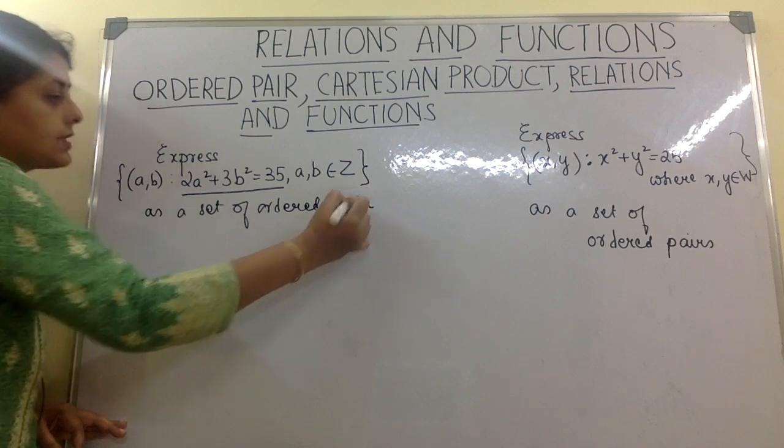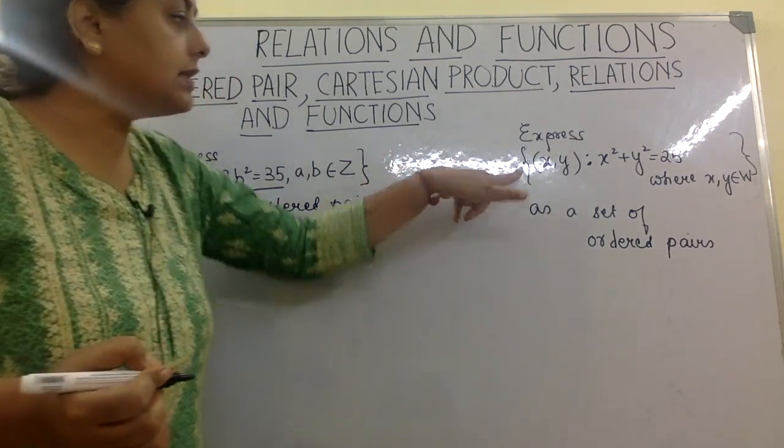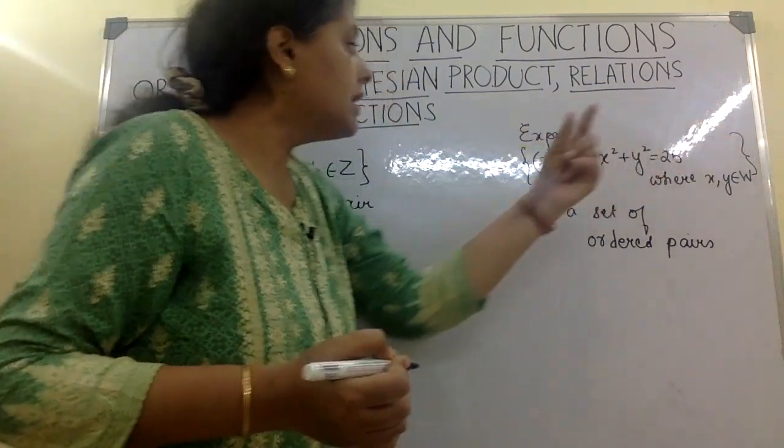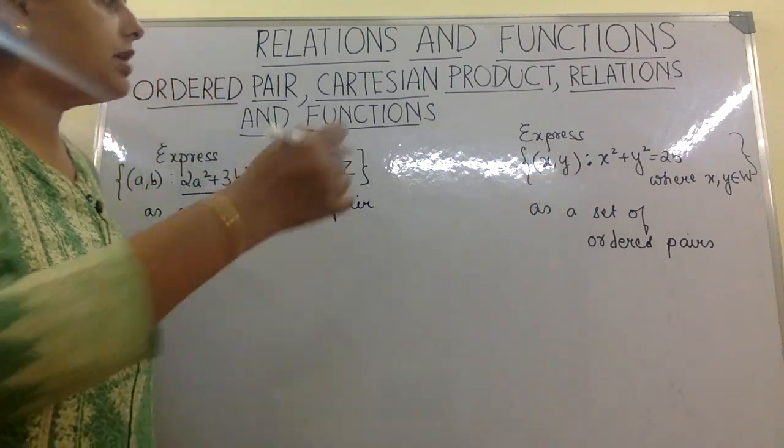Here, the full set, you can see the curly bracket here and here. Inside it should be (x, y), (x1, y1), (x2, y2), like that. So let's finish this first.